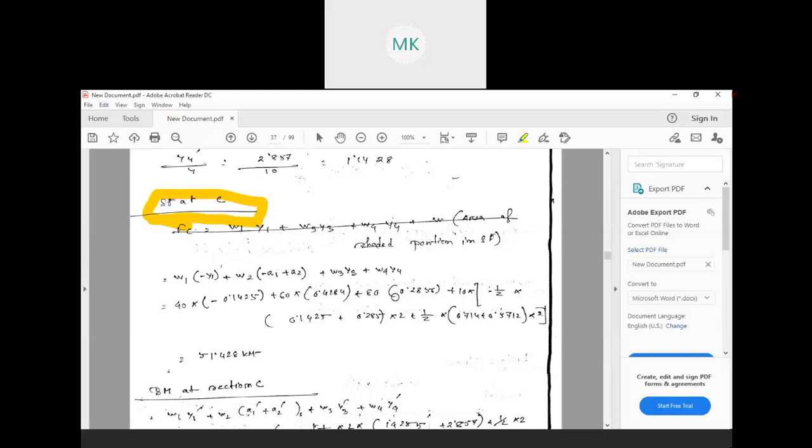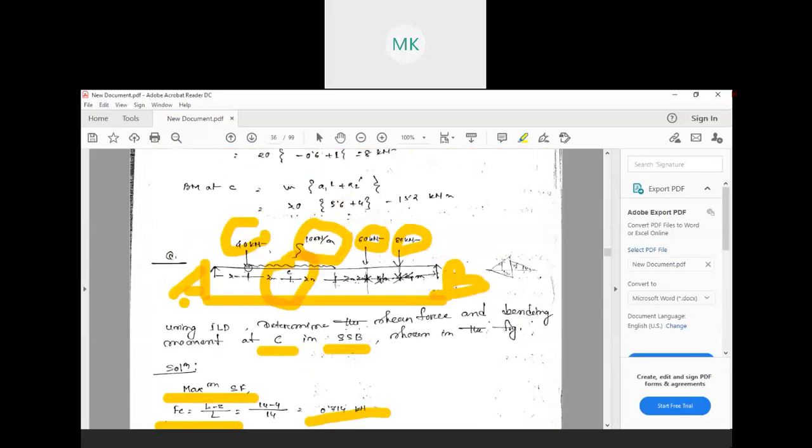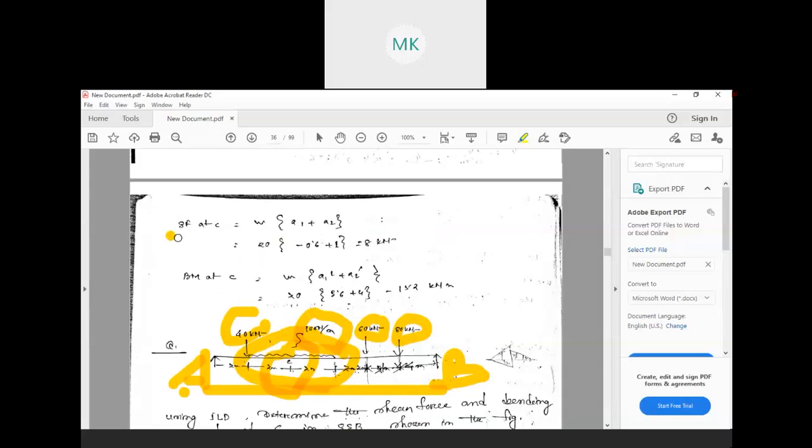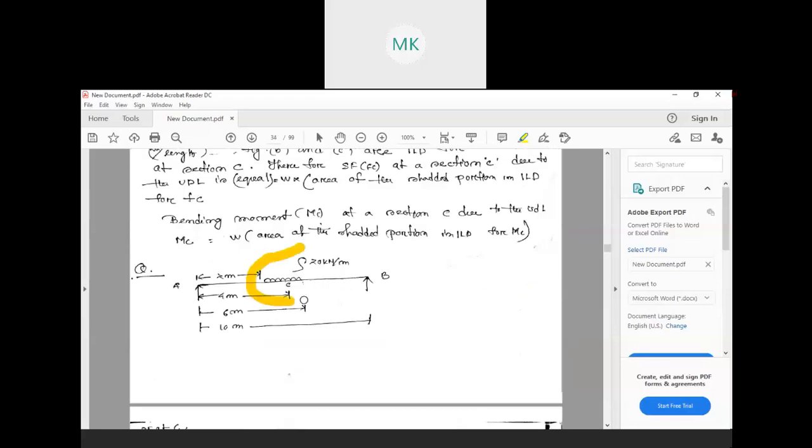In our case, as you can see in the question, a UDL is given from point load 1 up to a distance of 4. So this is our W2, and for it we need to consider this area for the UDL. For the others we can simply multiply W into Y, but for this UDL we consider the area, because a UDL is given.